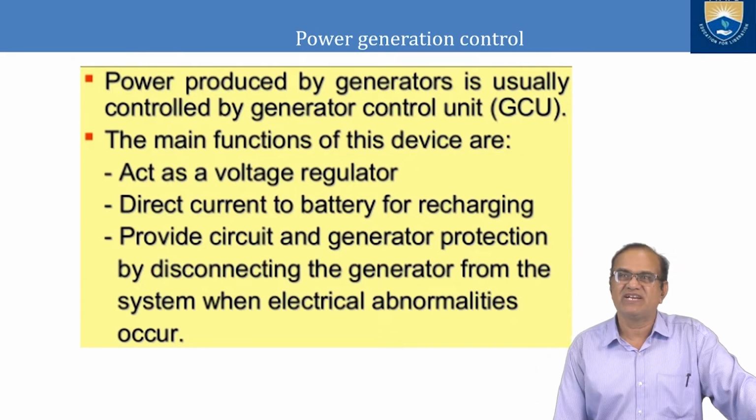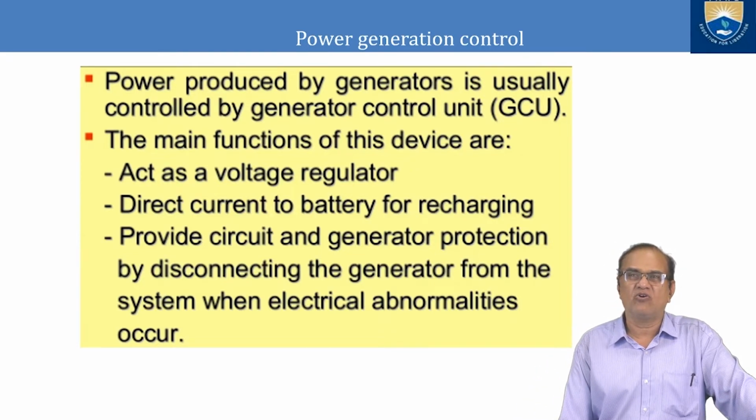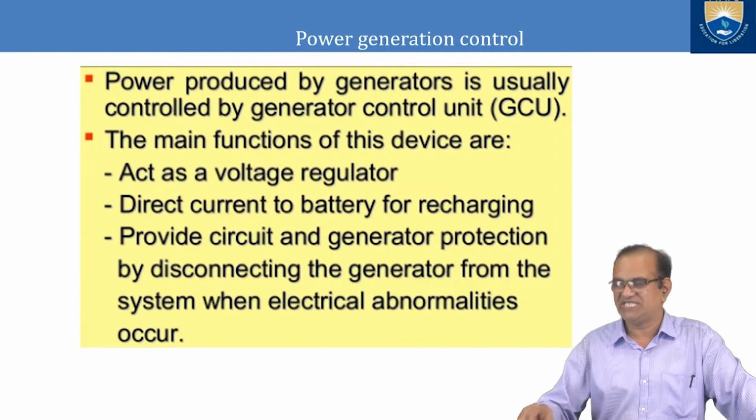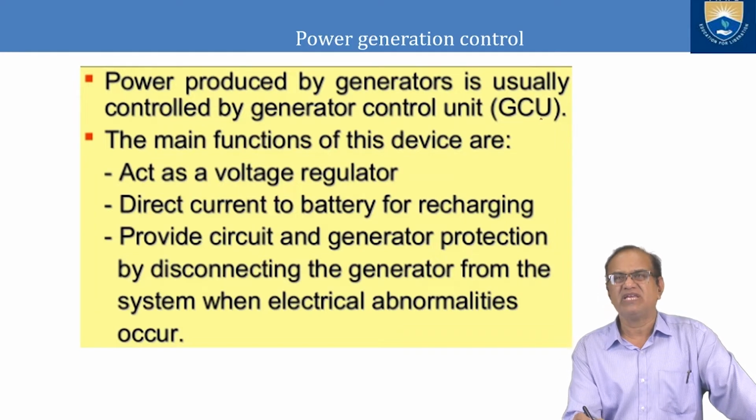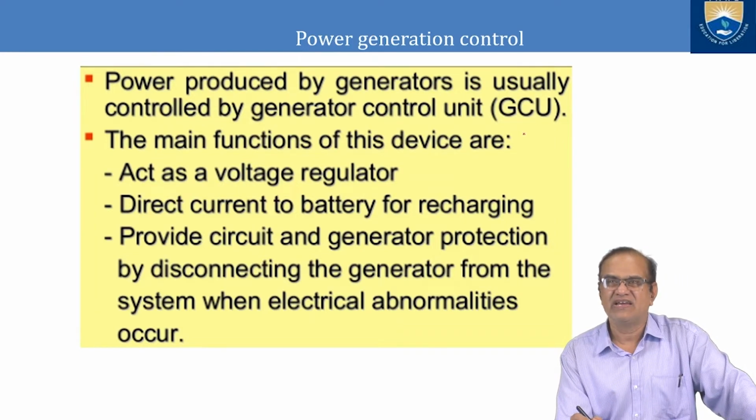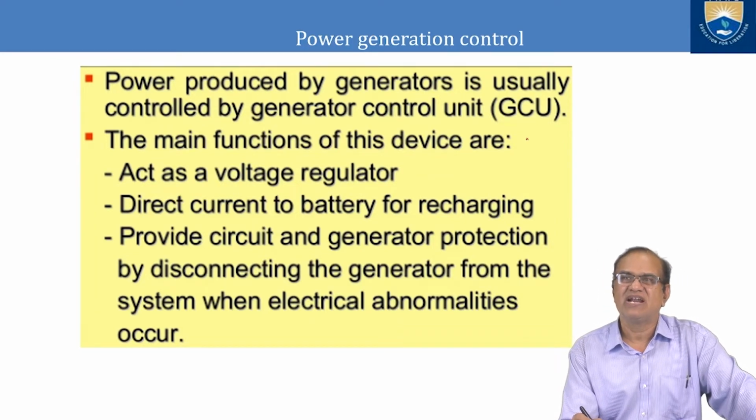Power produced by generator is usually controlled by generator control unit, GCU. So for every generator there is a control unit, and that will try to control the power.